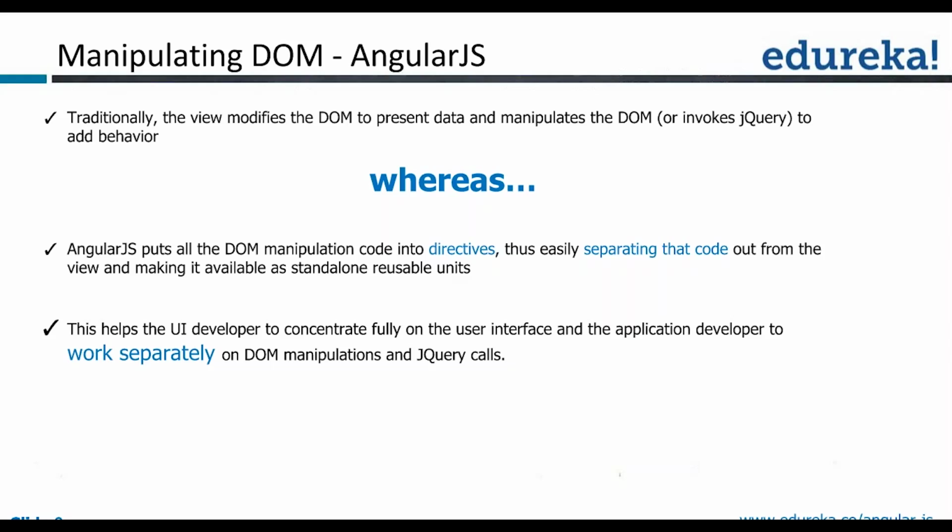Remember, in the old days, we used to have the MVC framework on the server side. At that time the server side was heavy and the client side was dumb. We used to do all the logic on the server side, and the view was just representing the data. The server side was intelligent and the client side was dumb. But in this case, AngularJS takes the whole notion and brings the MVC from the server side to the client side.